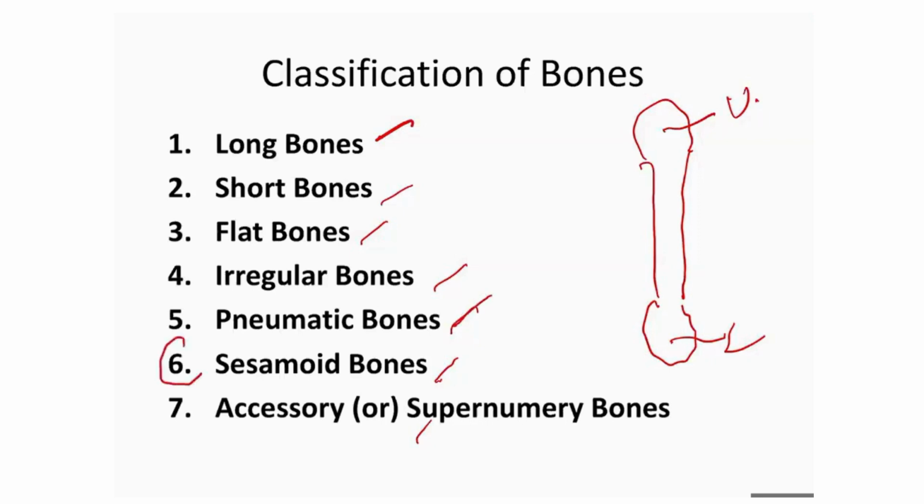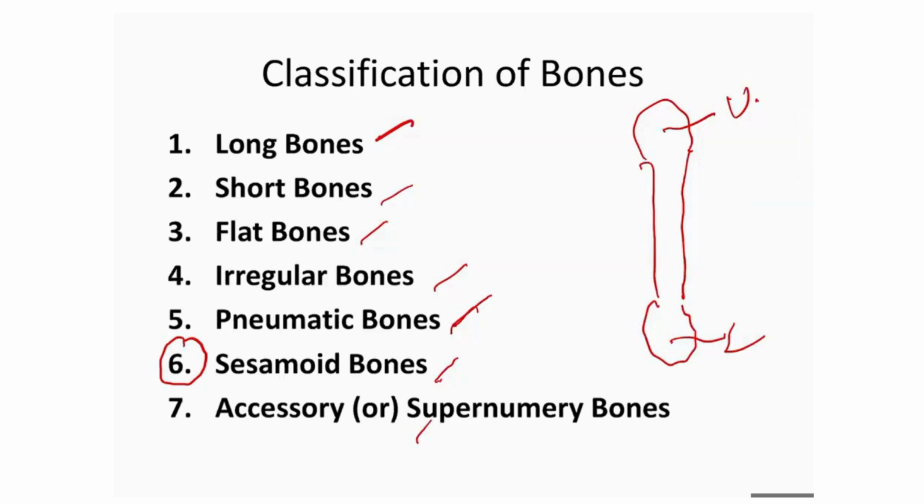And sesamoid bone is important since it is developed from a tendon. Those bones are developed from tendons. So patella is an example of a sesamoid bone, since it is developed in the tendon of quadriceps femoris. It develops only after birth, by many centers. We have primary centers and secondary centers; ossification we will deal with later, but sesamoid bone is an example.